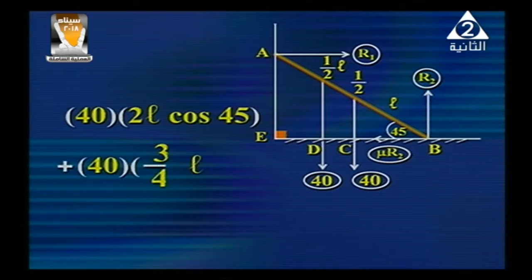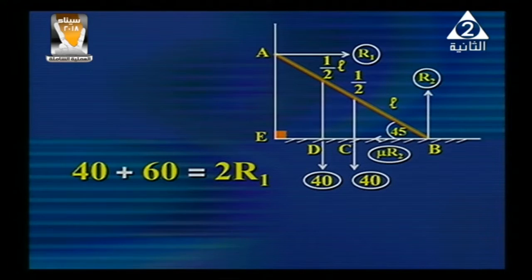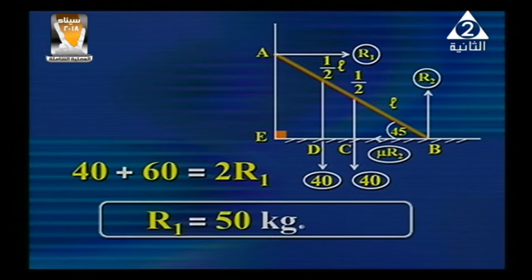Then the equation becomes 40 times 2L cosine 45 plus 40 times 3/4 L cosine 45 equals R1 times AE equals 2L sine 45. Then the equation is 40 plus 60 equals 2 R1.